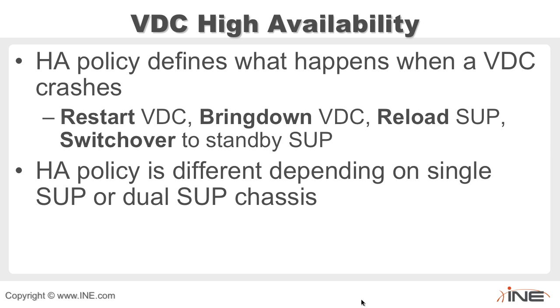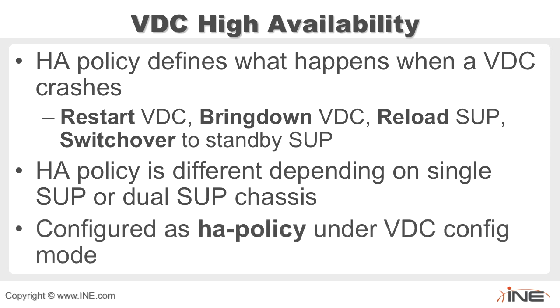For instance, I would never want to, and I don't even think it's an option, reload the supervisor just because a VDC crashed if I have a backup supervisor, if I have a standby. I would want to switch over to the standby supervisor, right? But if I only had a single supervisor, then all of a sudden it makes sense that I may want to, especially if this is the default VDC, actually reload the entire supervisor, even if that causes network disruption. And shame on you for not having a backup supervisor. But it is something that we can configure as an option.